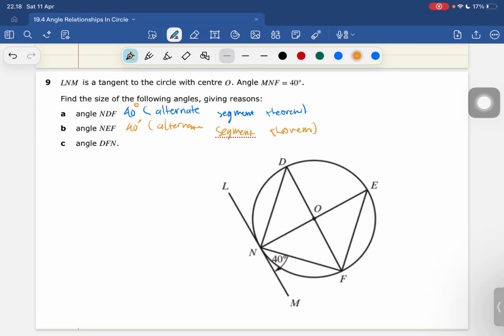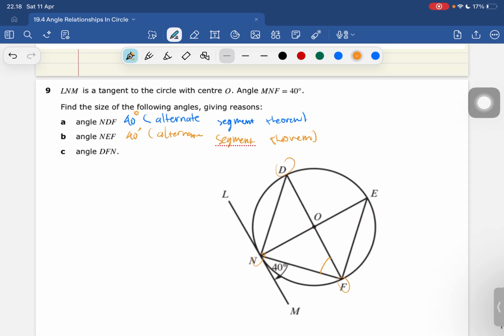DFN. Where is DFN? Okay, this angle we need to find. So this is the angle of the semicircle. So we can find DFN angle as 180 minus 90 degree plus 90 degree plus 40 degree. So we got here 50 degree.